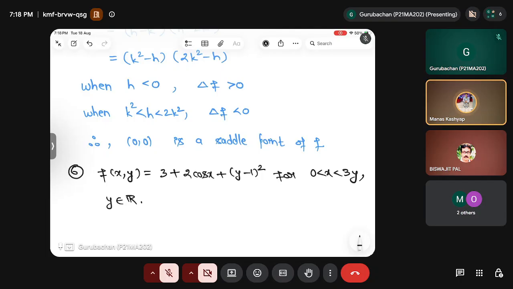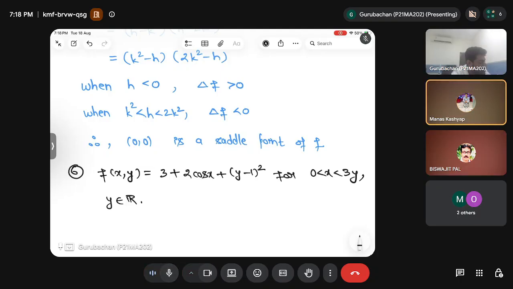Sir, can you please check the range once again? But it shows 0, 1 is a critical point. Yeah, thank you, Manas. There is a mistake. Sorry. Yes, sir. Now it will be fine. You may please recheck now.